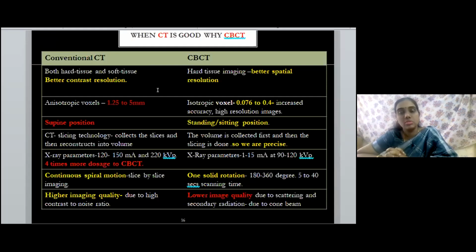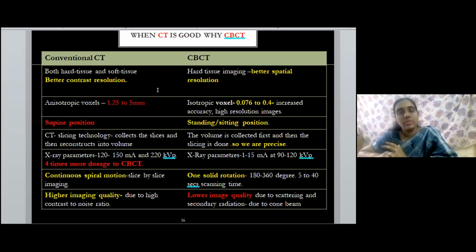Noise is nothing but distortion in the images, and there are really high artifacts when compared to CT. So these two are the main drawbacks of CBCT as of now, because we are not able to see the soft tissues, and at the same time we are suffering from high radiographic noise and artifacts, which is much less in CT.